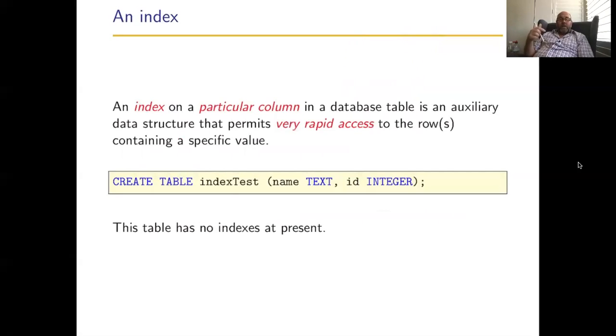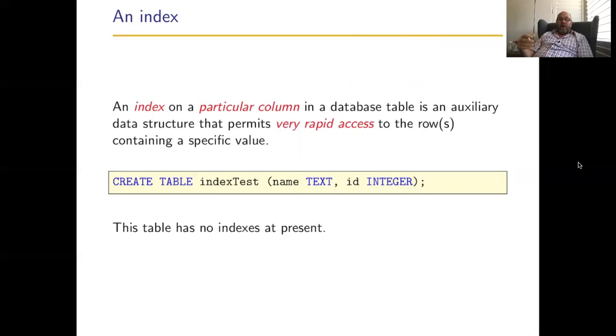Right, I've given the example of a binary search as a mechanism for finding a value very quickly. Now, what a database can provide is that it allows you to create an index on a particular column in the database.